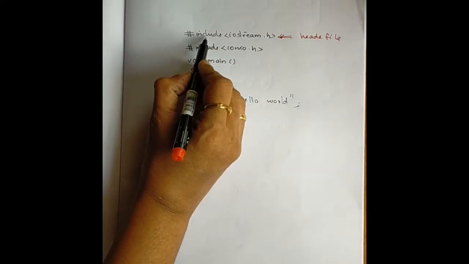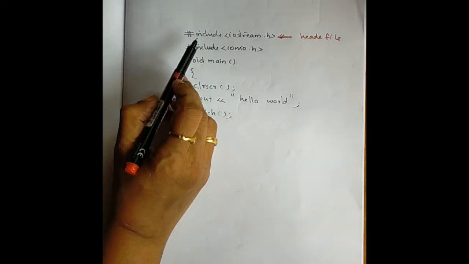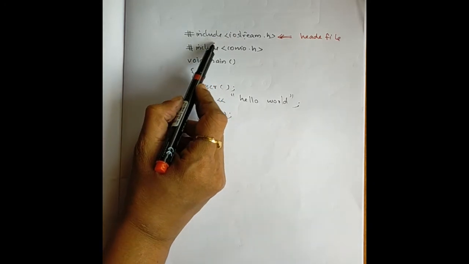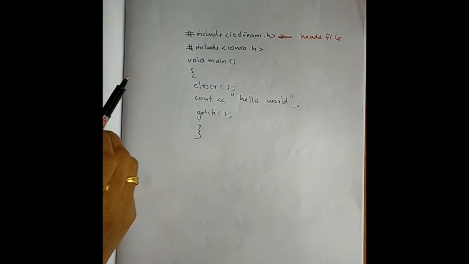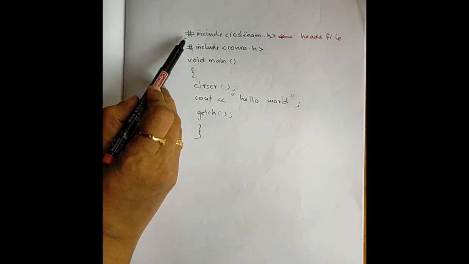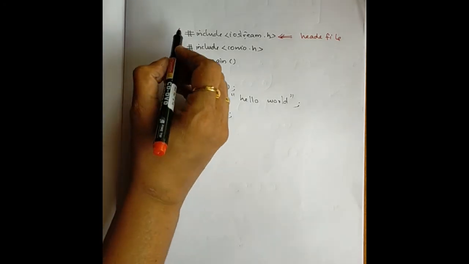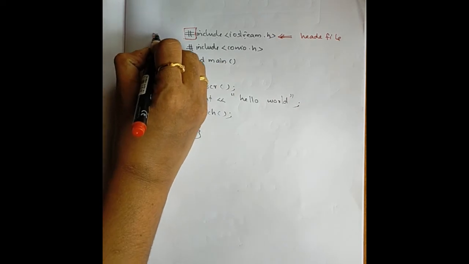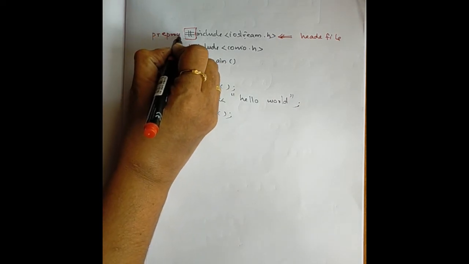And next, this include is to include this header file into the program, and this is the hash. It is called the preprocessor.